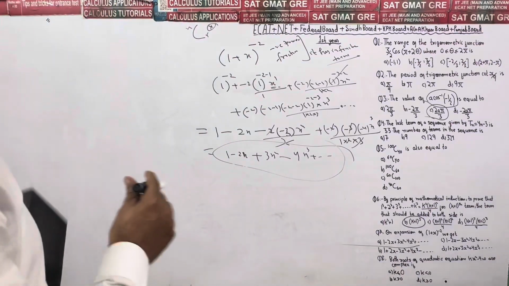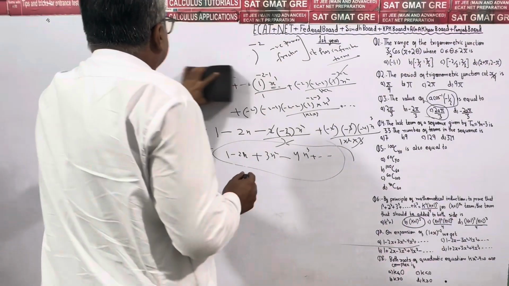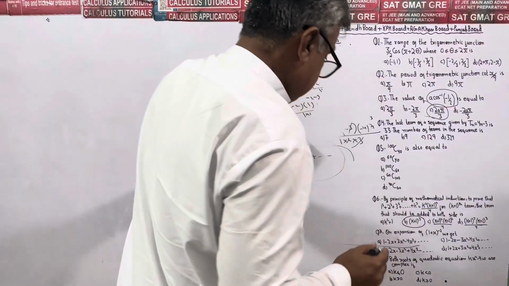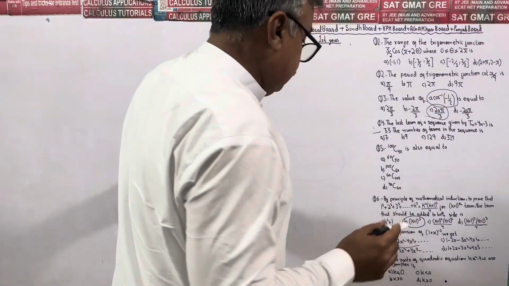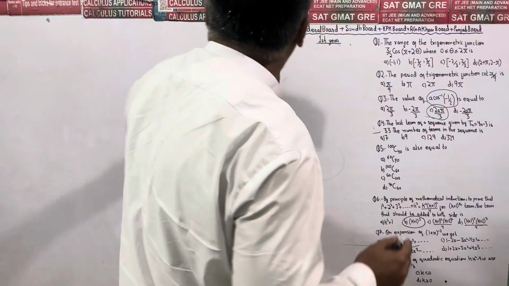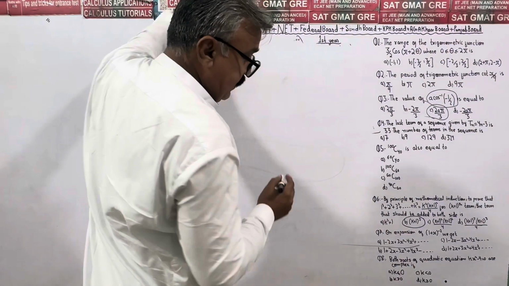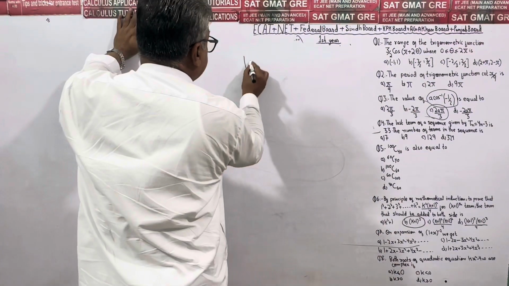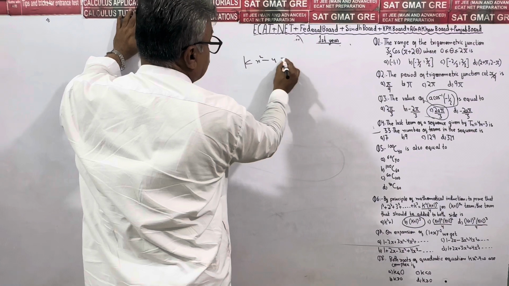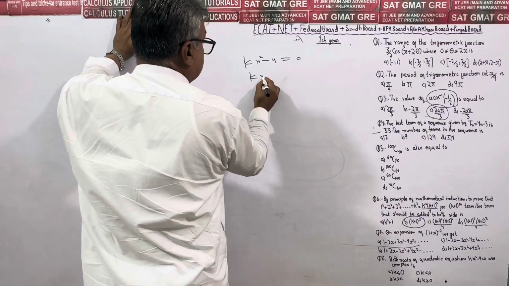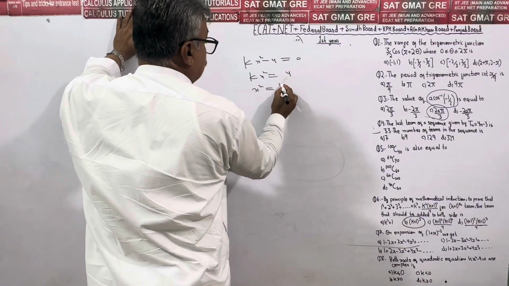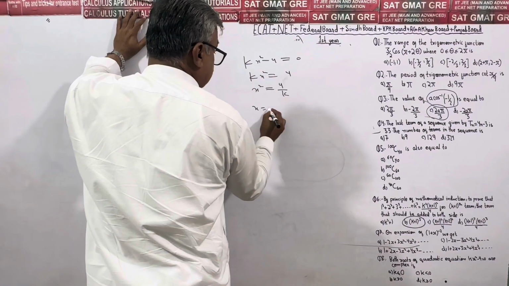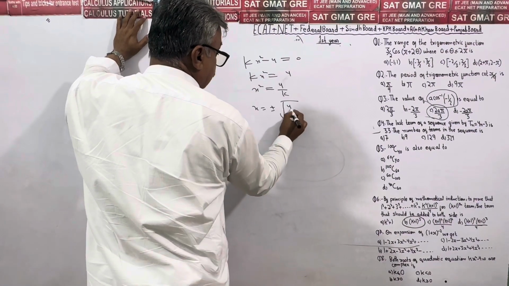The final question: both the roots of the quadratic equation are complex if, when roots are complex, simply kx square minus 4 is equal to 0, or kx square is equal to 4, x square is equal to 4 over k, or x is equal to plus minus root of 4 over k.